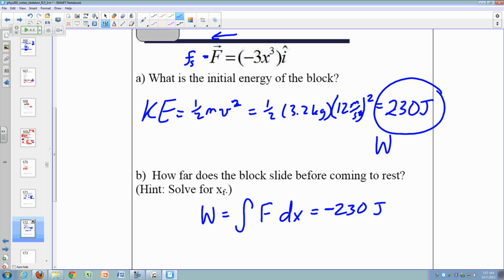First step is just take the integral of f dx, where f is negative 3x cubed.